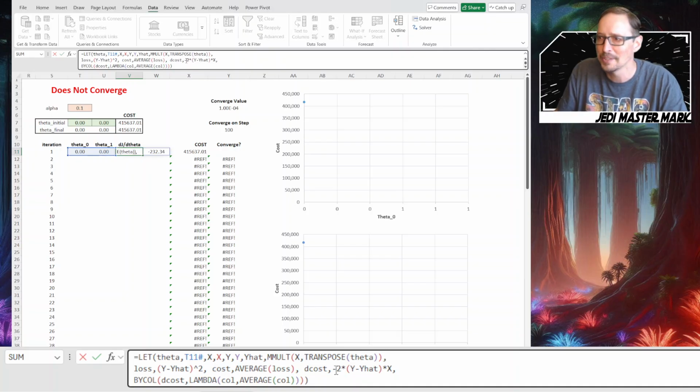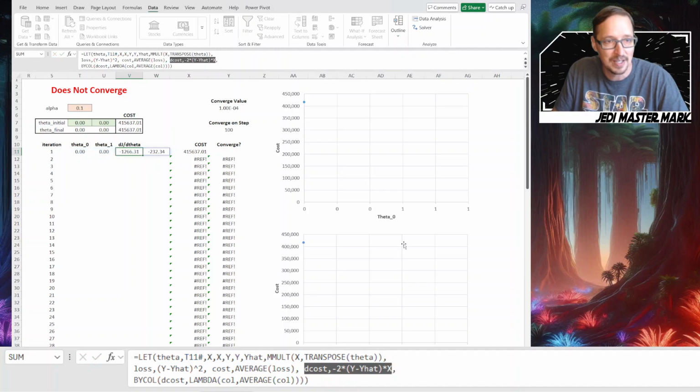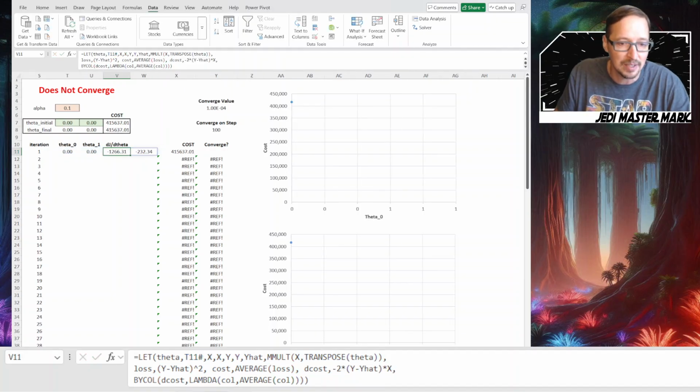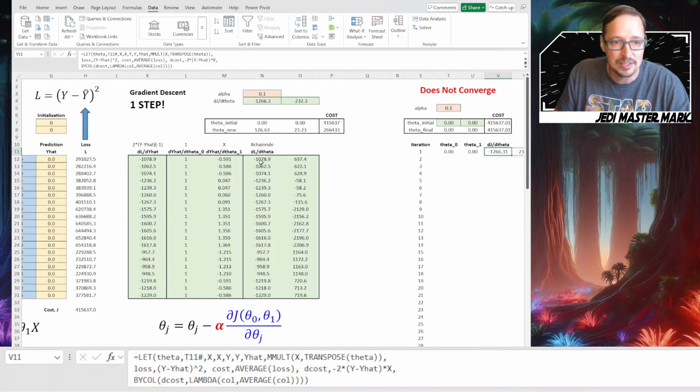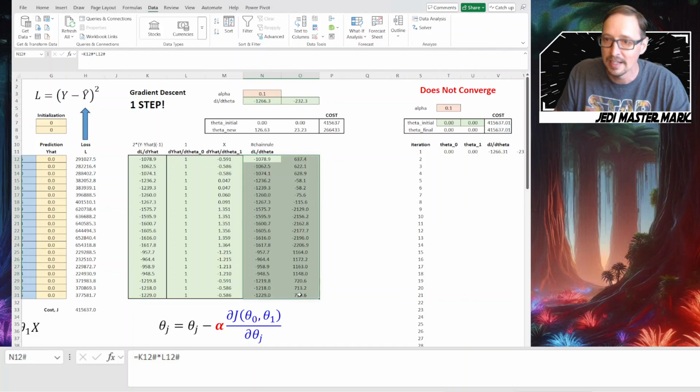Actually, the -2 is combining the 2 and the -1, so I just did that all in one step. And then we're going to multiply that by each column of x. So this gives us that entire matrix in one step. Again, the matrix I'm talking about is this one right here. So that variable within that LET function gives us that.